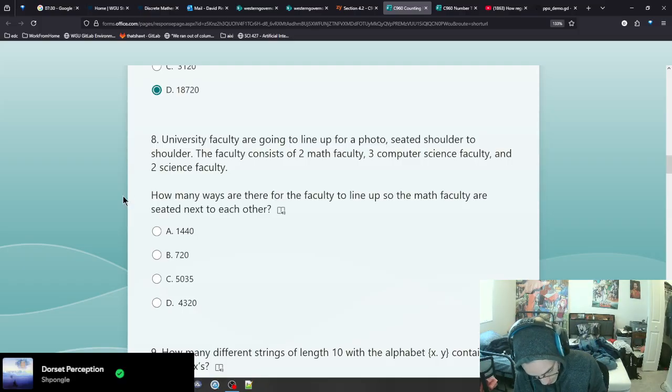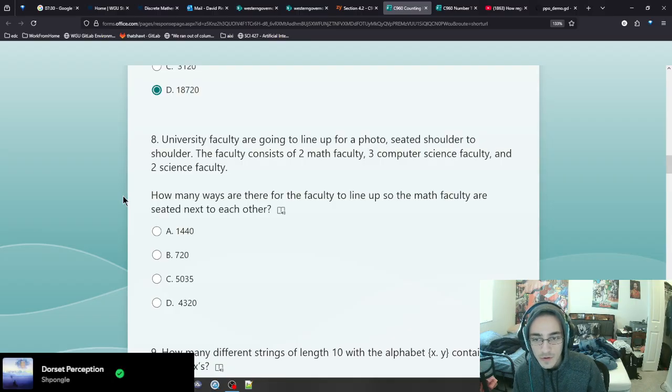So, I got 0, 1 stuff, 1, 0 stuff, and I got 2 for every one of these. So here we got 2, 4, 6, 8, 10, 12 different ways to move the math faculty.